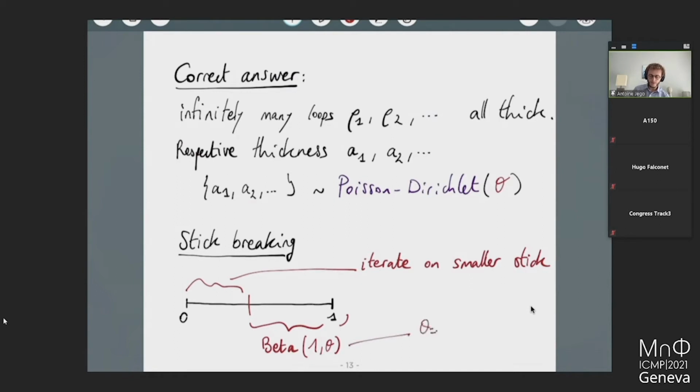When theta is equal to 1, this is just uniform. Then you iterate. This is going to be one of your values here, and then you iterate this procedure on a smaller portion of your stick. You start again here with the beta distribution in that interval, and so on. So that's the Poisson-Dirichlet distribution.